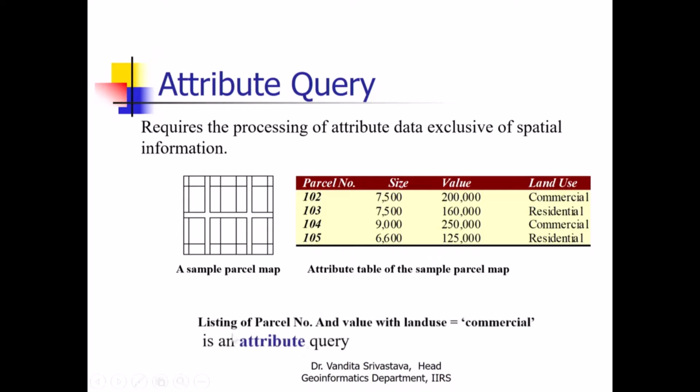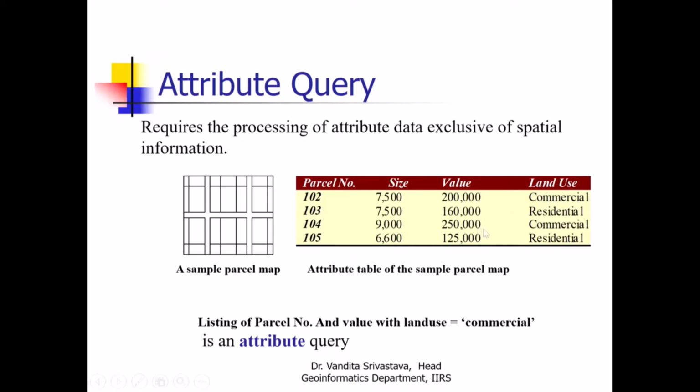If I ask, please show me all the parcel numbers and values where land use is commercial. So what is the answer to this query? This is commercial here, so parcel numbers 102 and 104, and values 200,000 and 250,000.